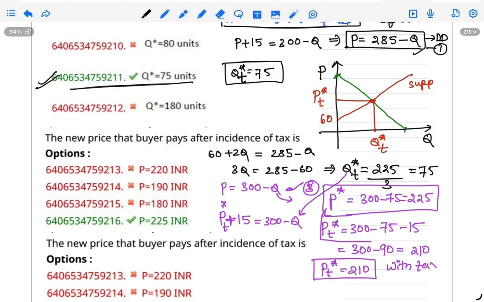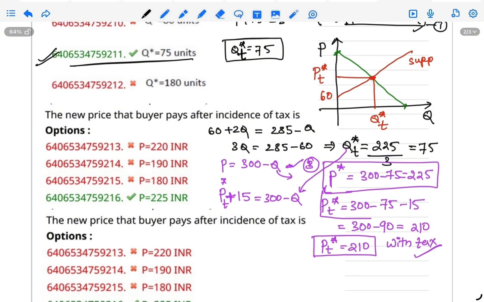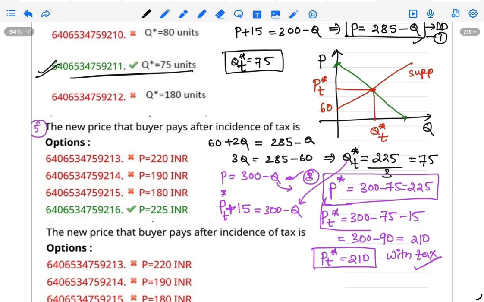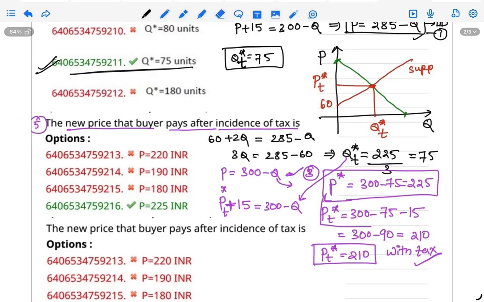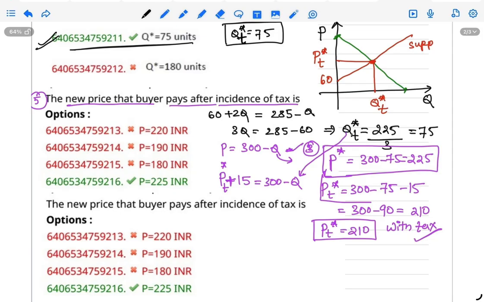With tax, this value is after the incidence of the tax. The new price the buyer pays after incidence of tax is 225. After the incidence of the tax we find QT star, this value 75, and we put this QT star in the demand equation.